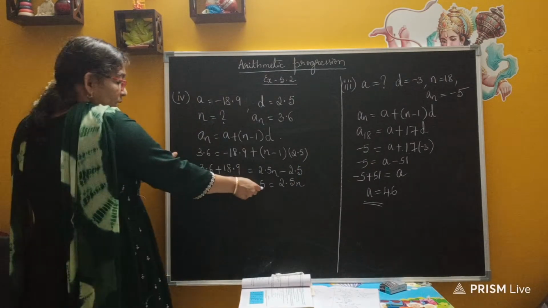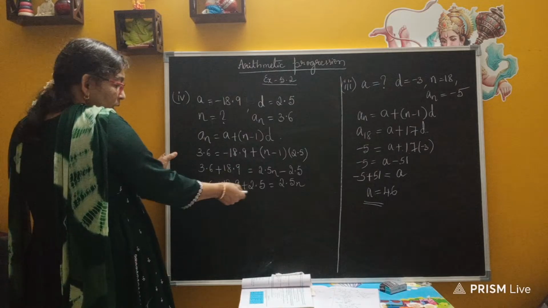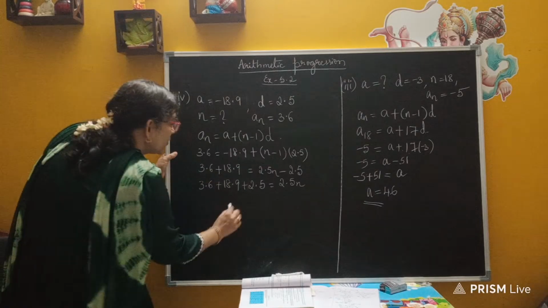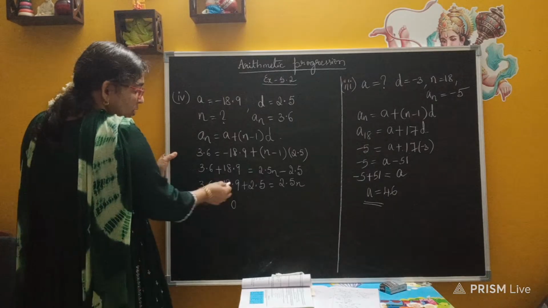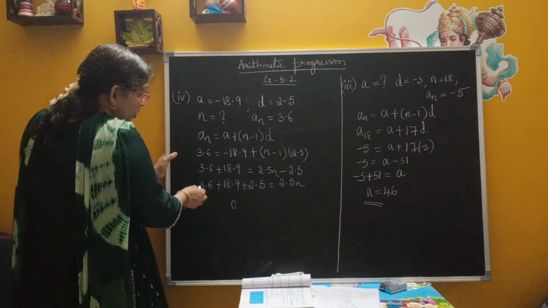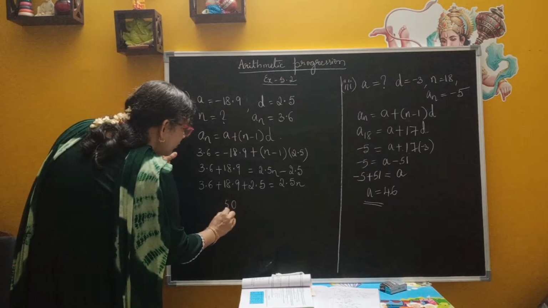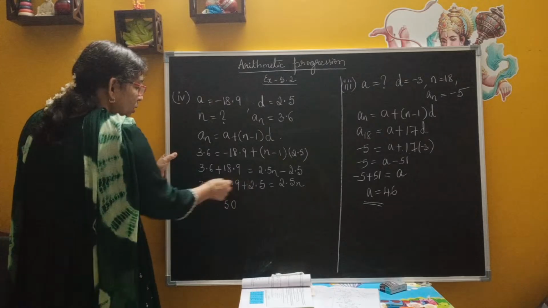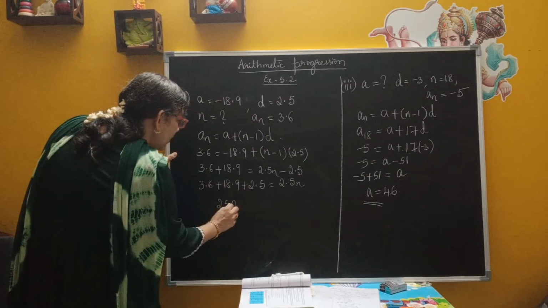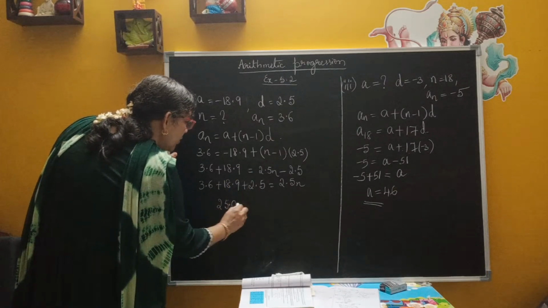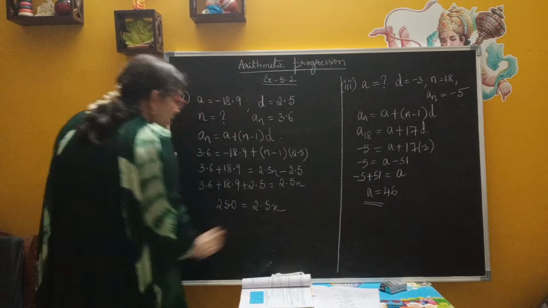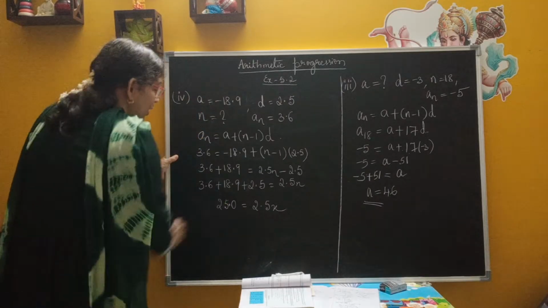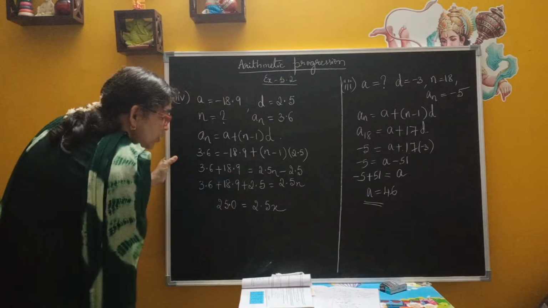3.6 plus 18.9 plus 2.5. Here 9 plus 5 is 14, 14 plus 6 is 20. Then 2 plus 2 is 4, 4 plus 8 is 12, 12 plus 3 is 15, 1 plus 1 is 2. So it is 25.0 or 25. So 2.5n is equal to 25.